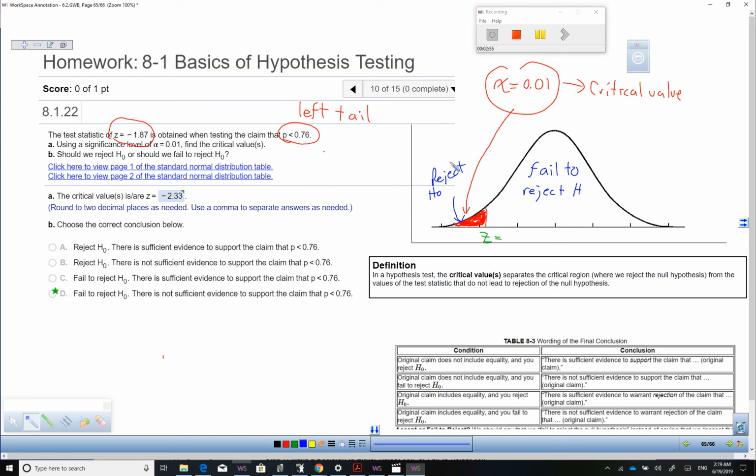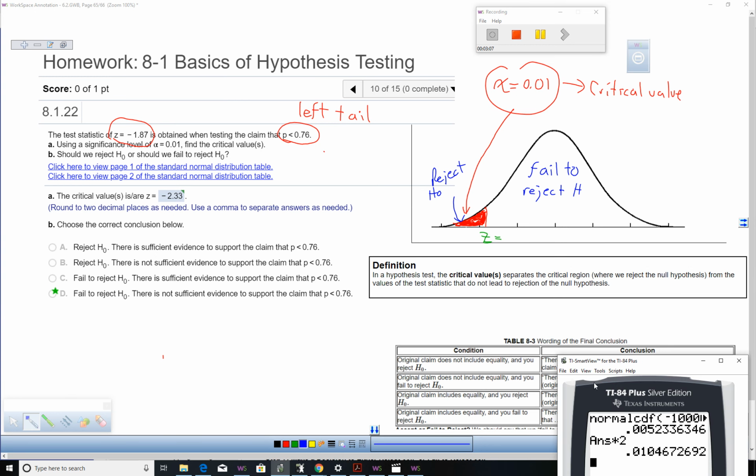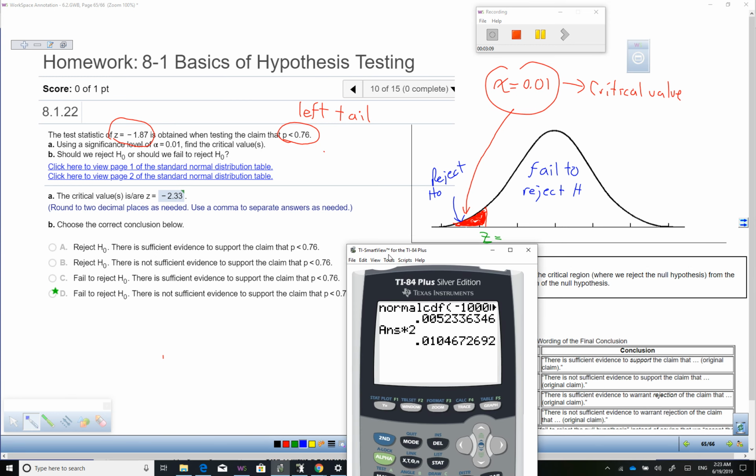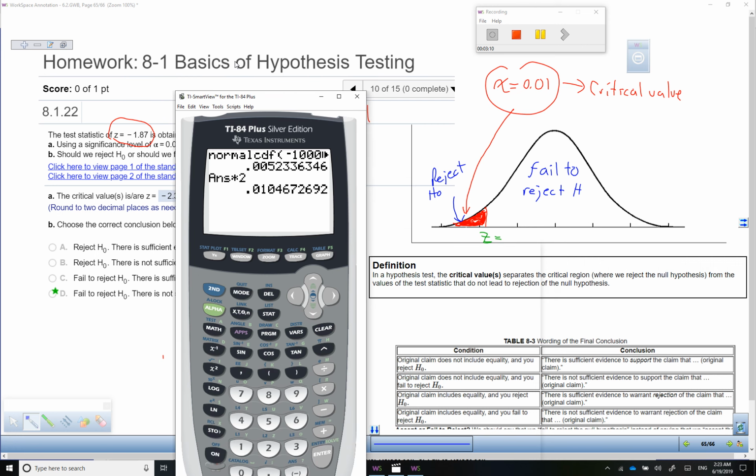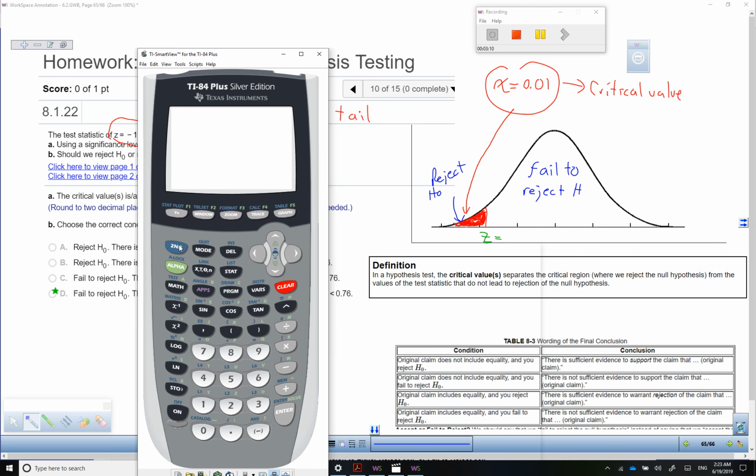Okay, so first of all, I need to find that critical value. So I have area and I want the z-score. What I use is inverse norm on the calculator. Whenever you have area, we use inverse norm. Let's press second vars, and let's go to number 3. The area is 0.01.